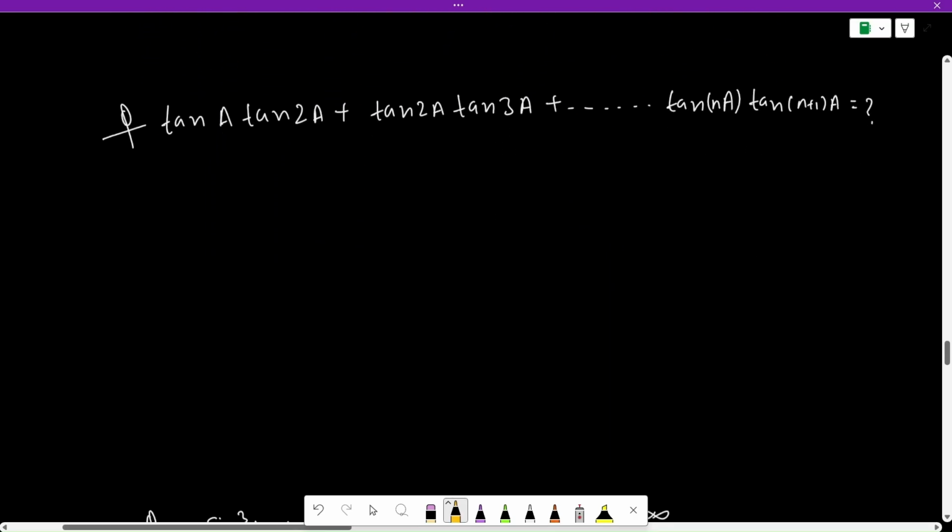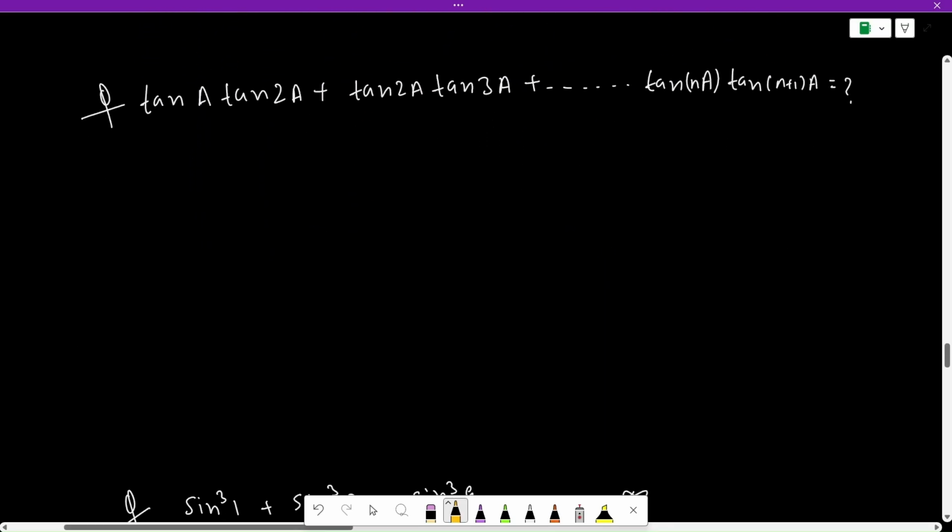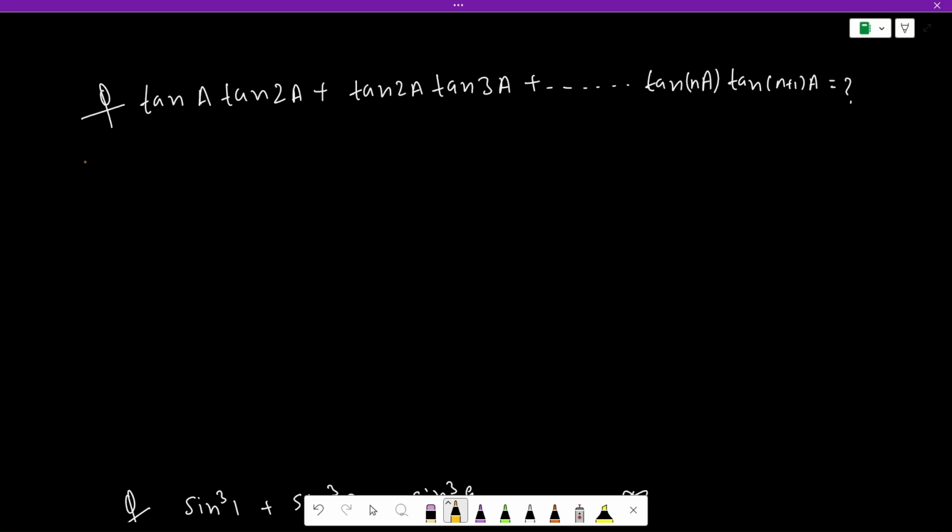Now the next question is this one. Now try to solve it yourself, and as a hint I would say you should use the tan(a minus b) identity and find this product and try to solve it. Alright, so now let me solve it.